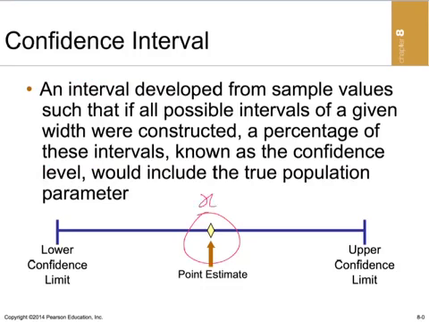For example, when that point estimate was x bar, if we wanted a 95% chance of the values being in that range, then we took 2 standard deviations, either 2s over root n, or if we happen to know the population standard deviation, 2 sigma over root n.